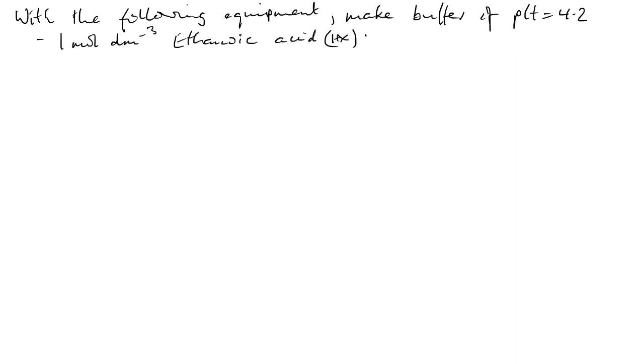And we've got some 1 molar sodium hydroxide, just to make it a little bit more complicated than sodium ethanoate. We've also got a pH probe and the normal lab equipment. Let's write down pH probe anyway, because that's important. And we can say you're not allowed to look up Ka because your temperature is going to be different to 25.